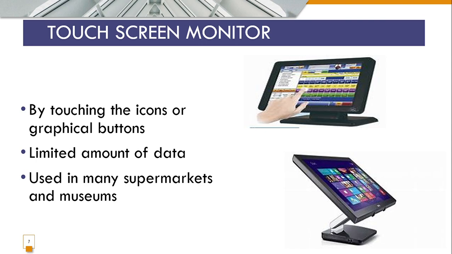And it is also used in ATM machines, offices, cineplexes to retrieve desired information. Touchscreen monitors are used in many supermarkets and museums to give information about products and objects of historical importance respectively.